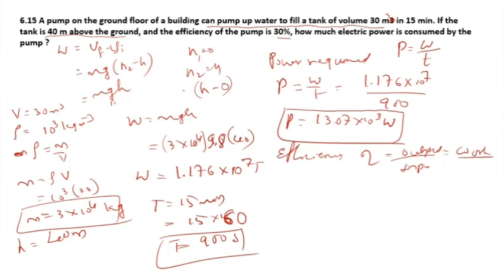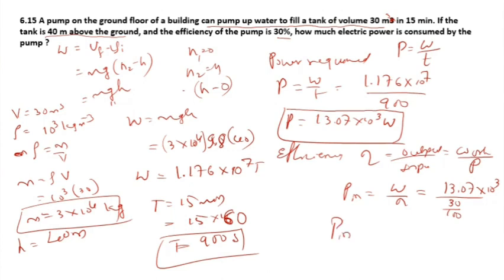We don't know the input power here, so input power P_input is equal to output power divided by eta. That is 13.07 into 10 to the power 3 divided by the eta value, which they have given as 30%, so 30 divided by 100.